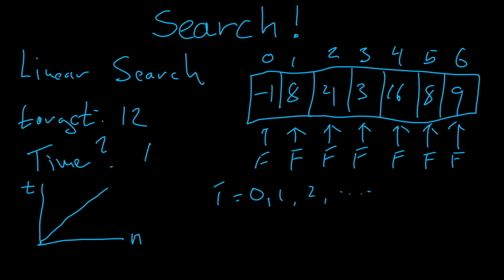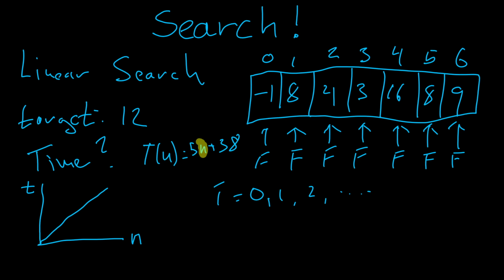So if the real function for the time is 5n plus 38 or something like that, and that depends upon my particular Java implementation, what I really care about is just the largest term in the equation.